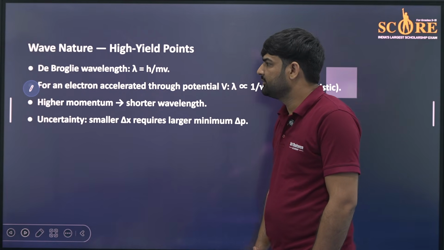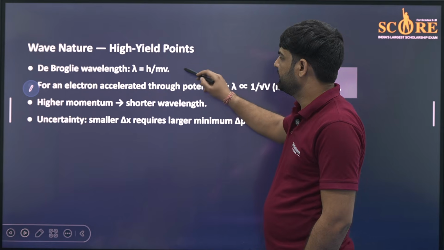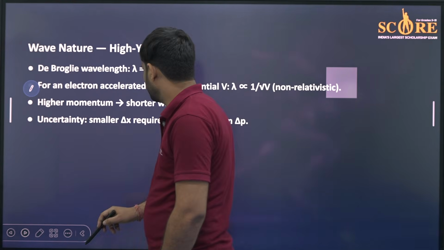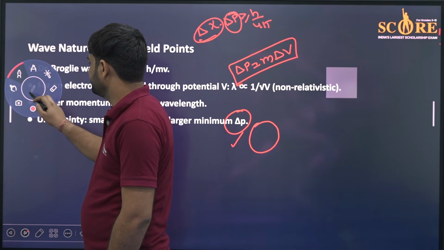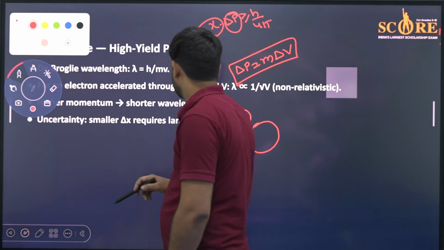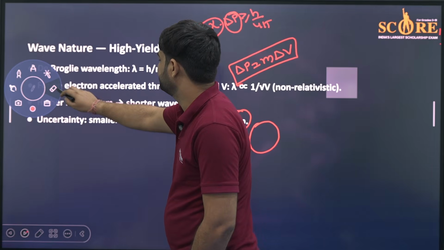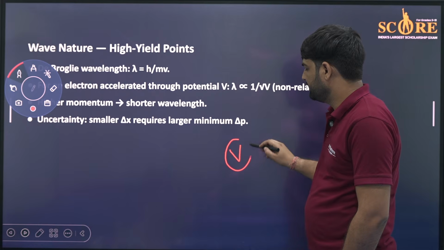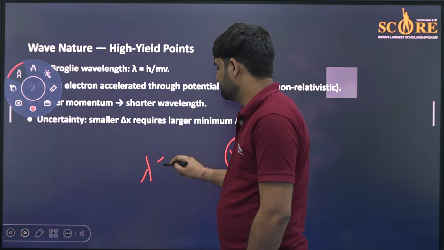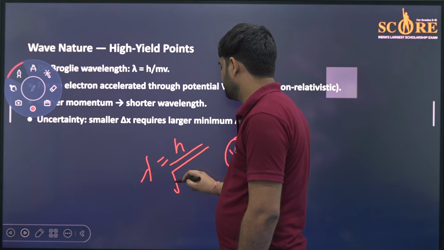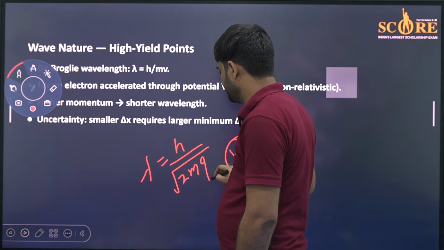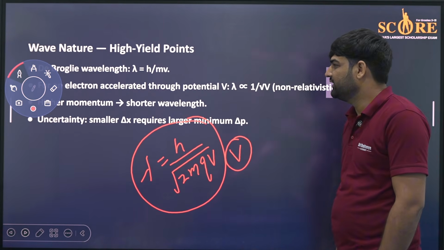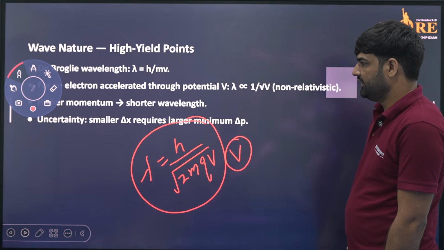The de Broglie concept has lambda equals h upon mv. For an electron accelerated through a potential difference, voltage V, lambda equals h upon root 2 m kinetic energy, and kinetic energy will be qV. Q is charge, V is the voltage difference.